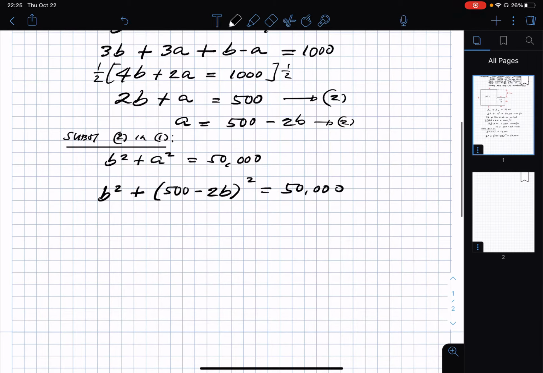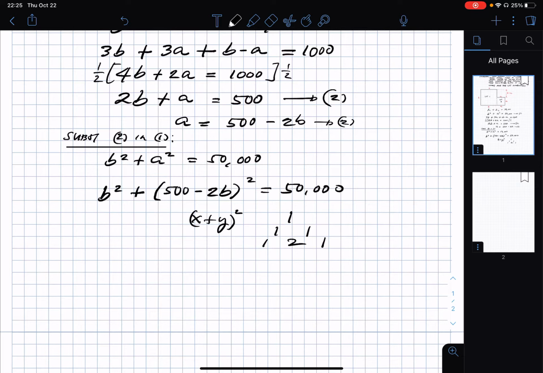To simplify this one, we will use the binomial theorem expansion. If you remember, this is like (x plus y) squared. In the binomial theorem, the coefficients will be 1, 1, 1, 1, 2, 1. We stop at 2 because this is a power of 2.